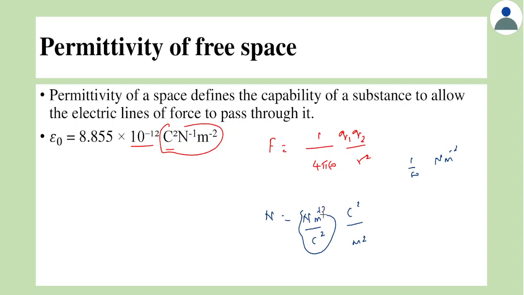The meter square here gets cancelled. It is per Coulomb square. This is what is 1 by epsilon naught. From here, epsilon naught is equal to Coulomb square per Newton per meter square. That's why remember those dimensions. There's no need to mug up these dimensions. You can derive it using this formula also. But remember this value. This is very, very important.